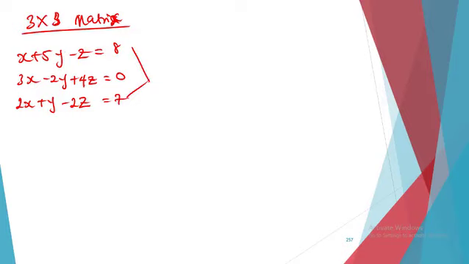First thing we need to do also is to form the matrix. So the coefficient of this is 1, this is 5, this is minus 1. Here we have 3, minus 2, 4, we have 2, we have 1, and then we have minus 2.